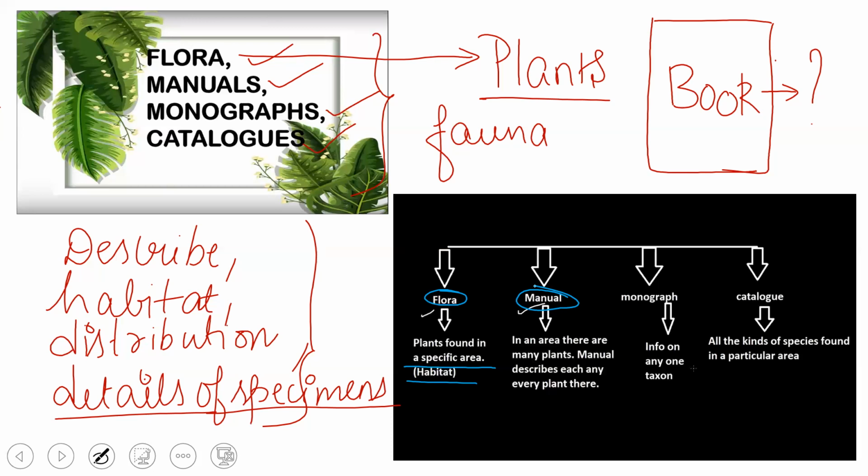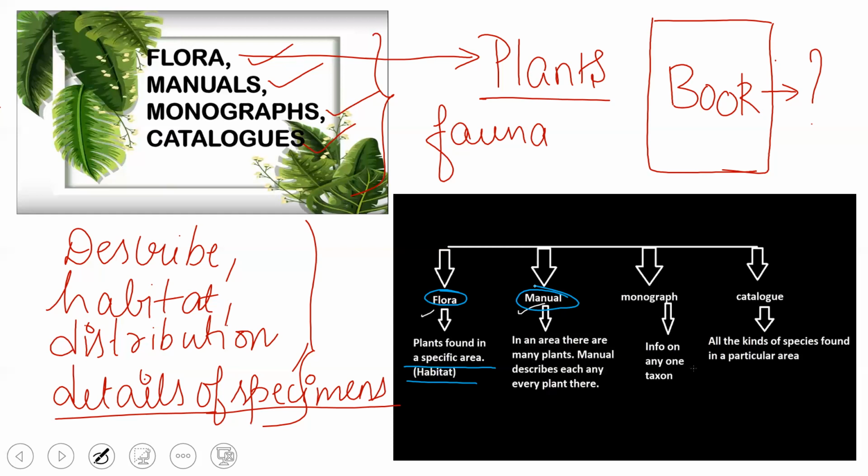So you are going to have a culmination of detailed study. Flora will not be much in detail because it is going to be describing the region. So manual plays a very important role in describing each and every plant specimen over there.